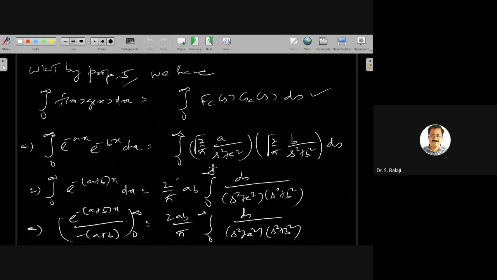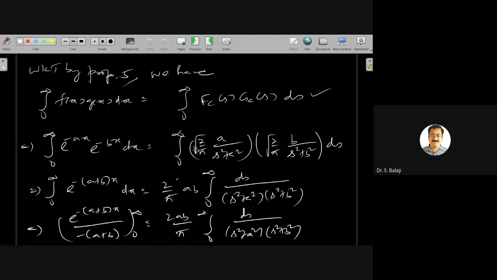Integral 0 to infinity, Fc of s is root of 2 by pi into a by s square plus a square, Gc of s is root of 2 by pi into b by s square plus b square, and on the left integral 0 to infinity e power minus of a plus b x dx.